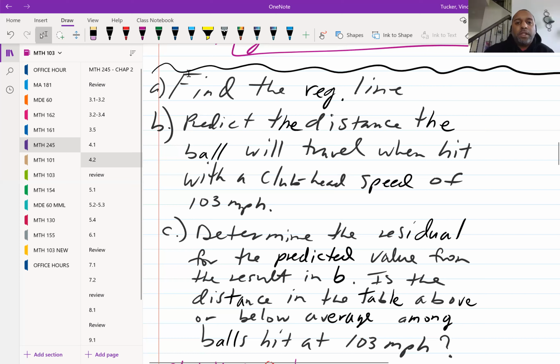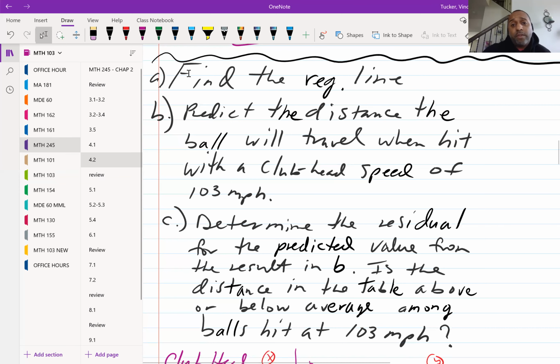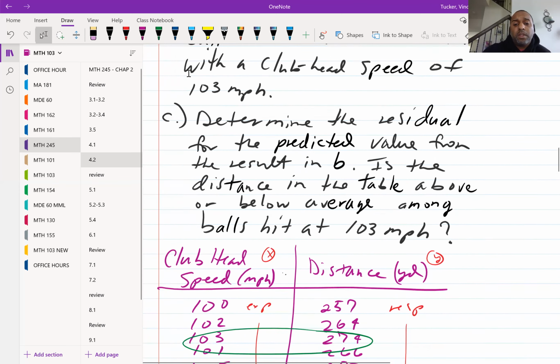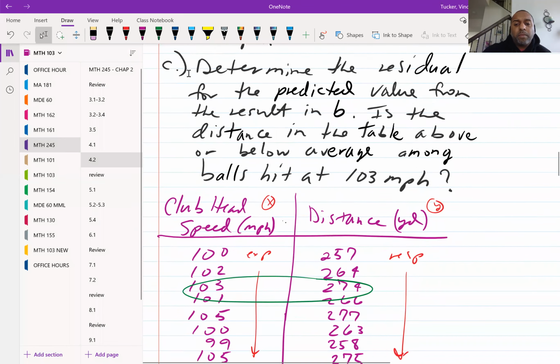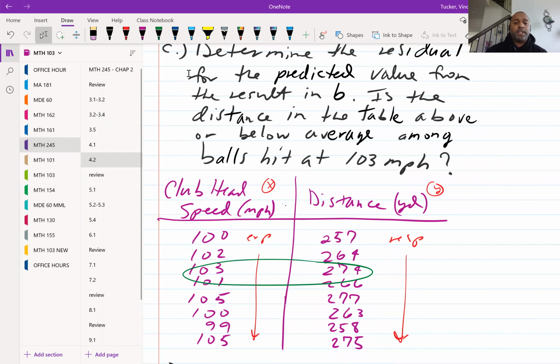All right, so let's go ahead and get to A. We want to find the regression line. This is the same information from that chart that we had before, club head speed and the distance. For somebody who may want to copy it again or copy it for the first time, there we go.